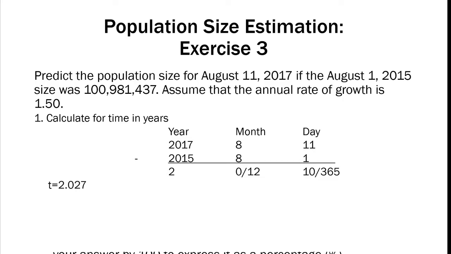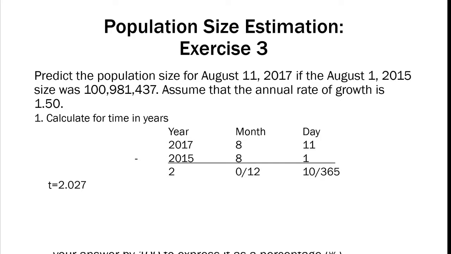So for year, you have 2 plus the result in month, which is 0 over 12, which is basically 0, plus our answer for day, which is 10 over 365. That would give you a time equal to 2.027.